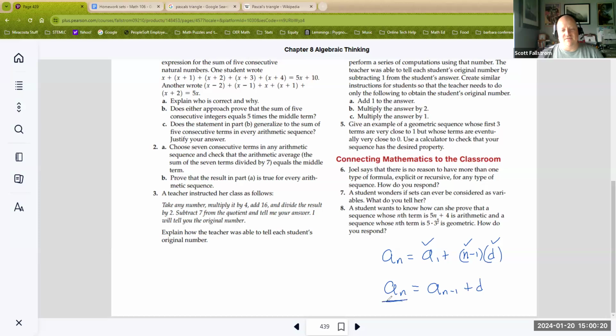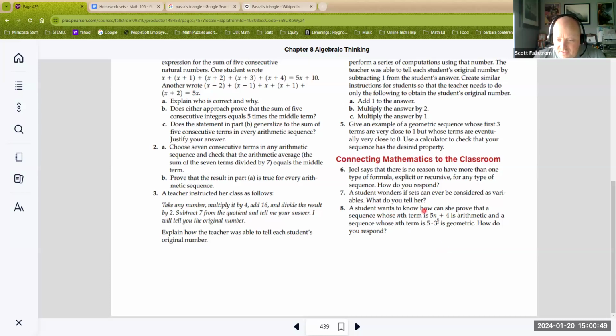What this says is, to find the next term, take the term you're on and add a common difference, and you'll get to the next term. So this one is explicit, and this one is recursive. Maybe there are good reasons to have each type of formula, and maybe it's not a bad thing. But I'm going to leave that for you in your explanation because you are the future teacher.